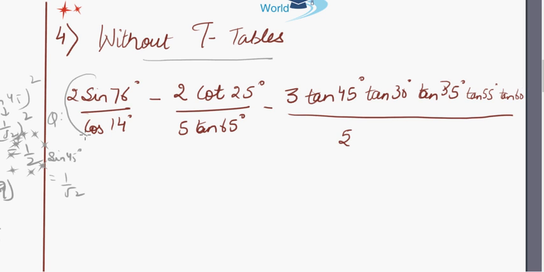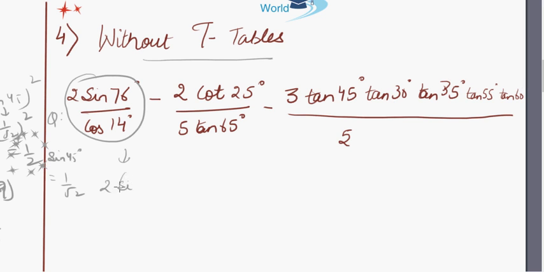So the first part has become 2 sine 76 degree over cos 14. See, again, the only digits involved are 76 and 14. If you add up these, you will see that 6 plus 4 is 10, and 1 of carry, 7 plus 1 is 9. So it's again a complementary pair. 76 and 14. So we are prompted to apply complementary rule over here. Apply this time to numerator.